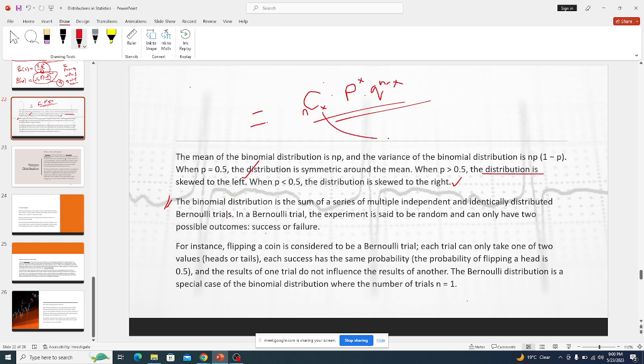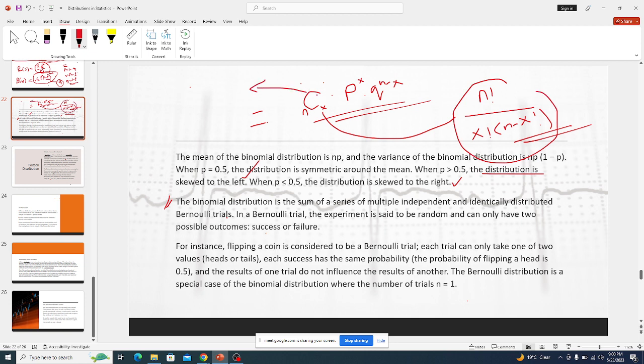Whereas we said that the combination we can break into n factorial divided by x factorial multiplied by n minus x factorial. This is the formula for combination. If we break it down to this, we still have an Excel function which can give you the result of this even without doing it manually.